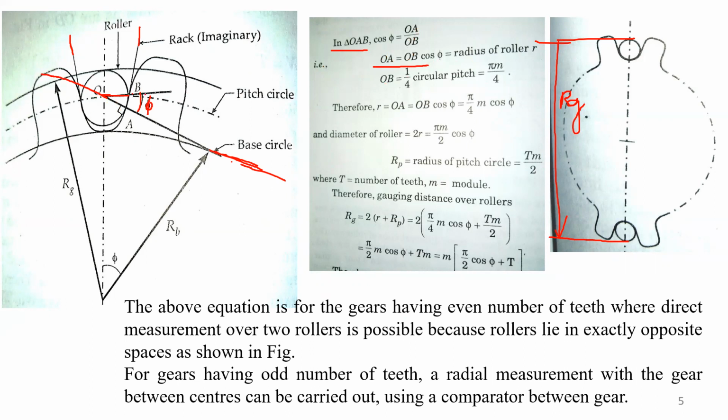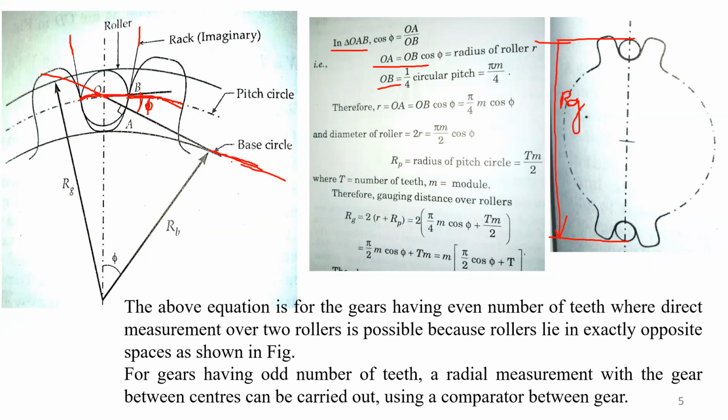And then OB is the arc length, that is the length which is considered on the pitch circle. What is circular pitch? It is one tooth space and one tooth thickness. But what is this portion?